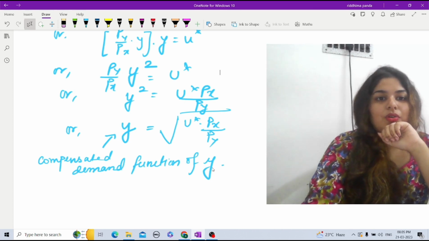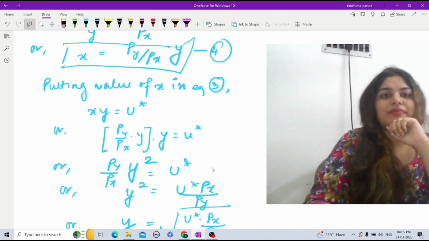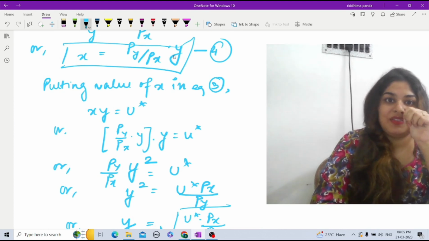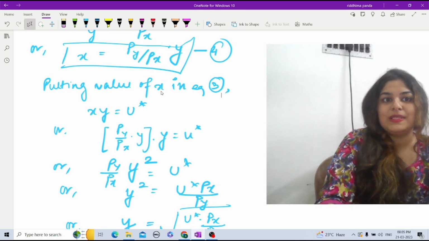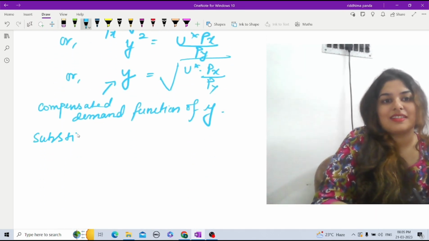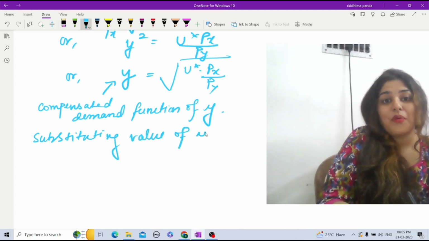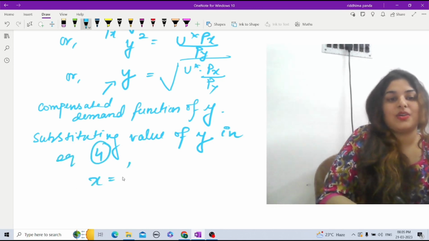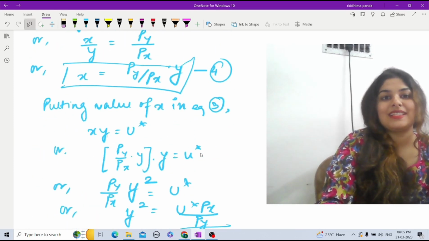Okay, so let's first calculate x. We know that from the fourth equation, x is equal to py by px into y. Now I have the value of y, so if I put the value of y in the fourth equation, I will get x, the compensated demand function of x. So now substituting the value of y in equation 4, what is our equation 4? x is equal to py by px into y.